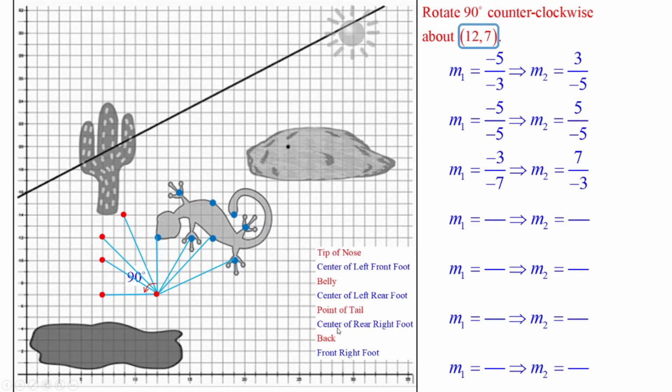So after the center of rear right foot, we do the back, and they're calling this the back right here. So let's get the slope. Okay. Oh, we're not doing the back. We're doing the point of the tail. Okay. I was at the wrong spot again. So the point of the tail. So let's do this. Negative 1, negative 2, negative 3, negative 4, negative 5, negative 6, negative 7.